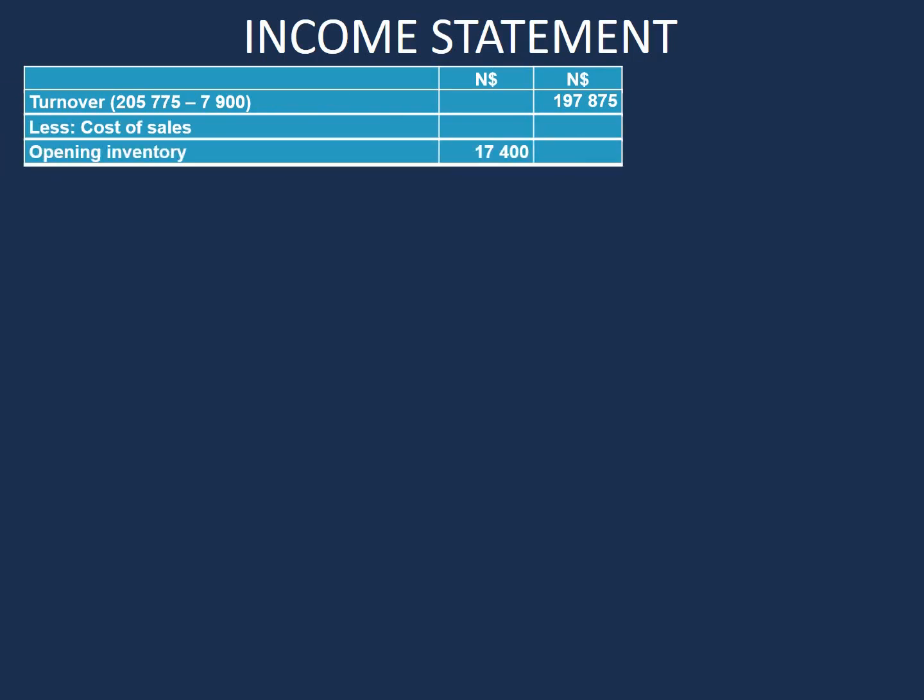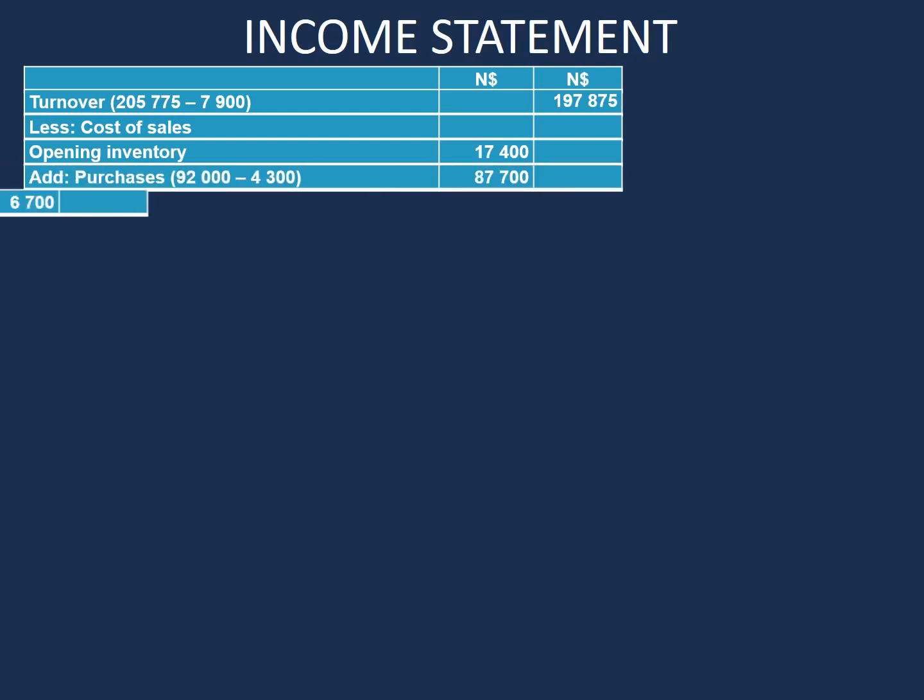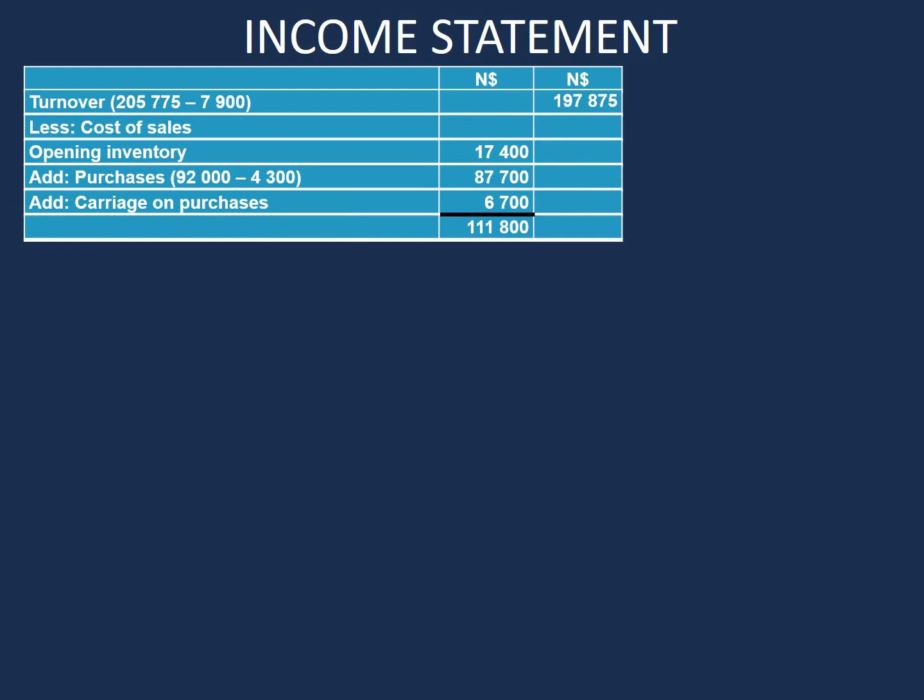Our cost of sales is made up of our opening inventory plus our purchases plus our carriage inwards or carriage on purchases, and when we add up those three, we will get a total.